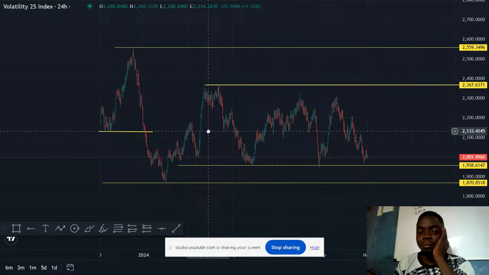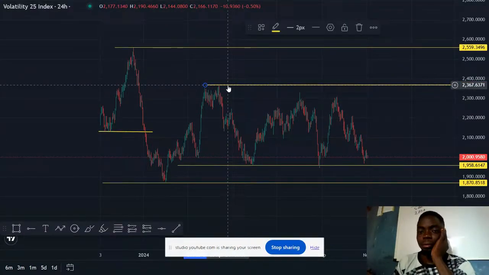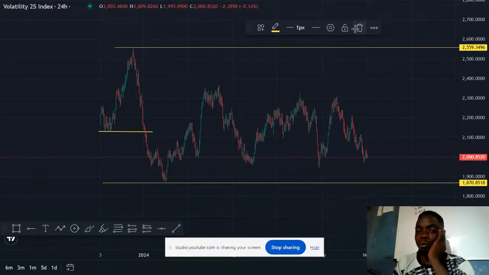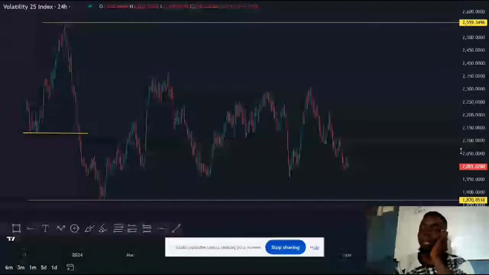So all the structure you see here are internal structures. Now, most of you will say we are bearish. I do not agree with that.